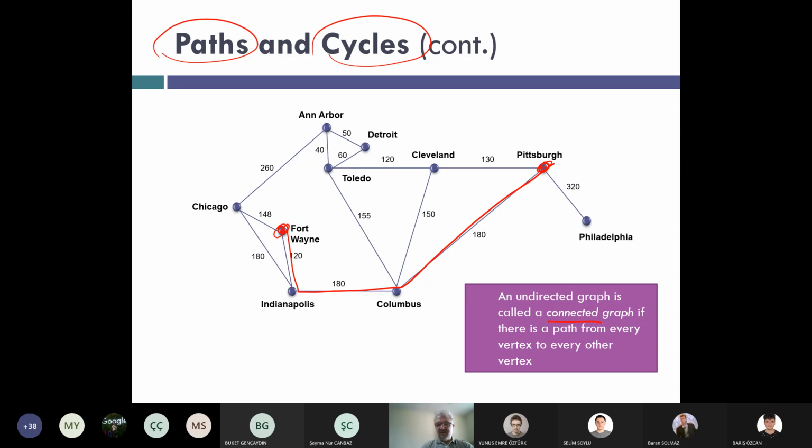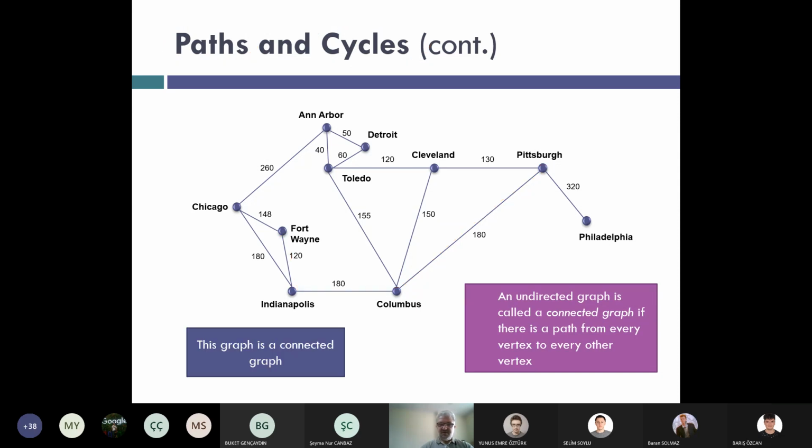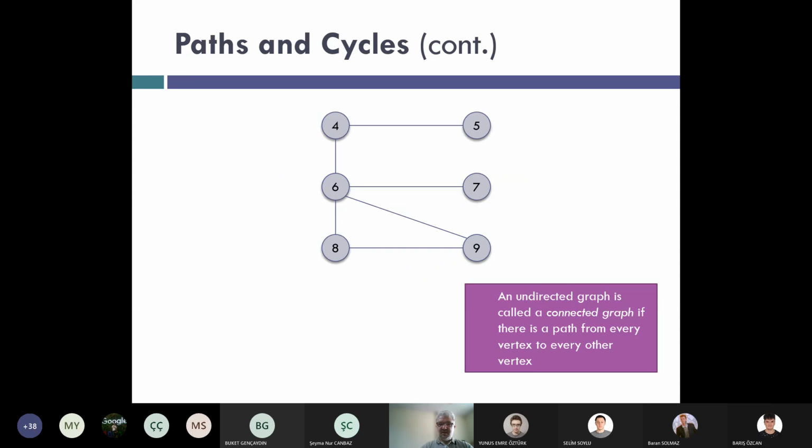So this graph is connected. This graph is connected as well. For example, between 5 and 7, there is a path, and you can find a path between any 2 vertices.